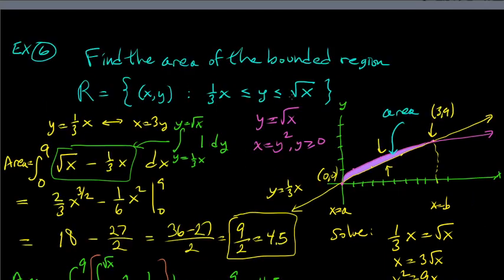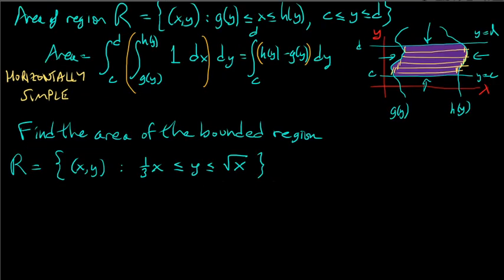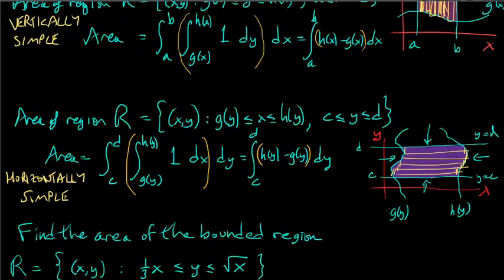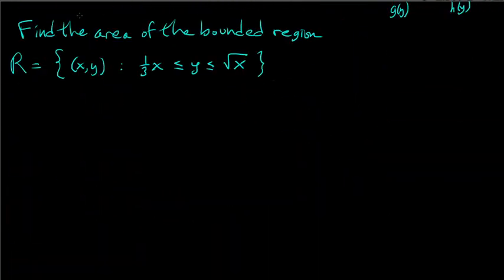So to do that, I'm going to have to copy this down. Okay, so here we go again. Same example. And I should probably copy the graph too, or I'll just redo it.